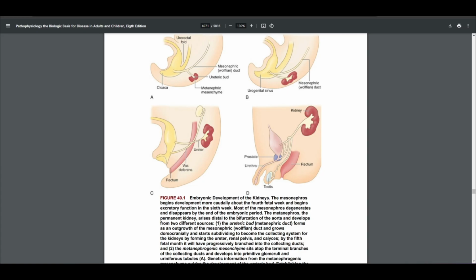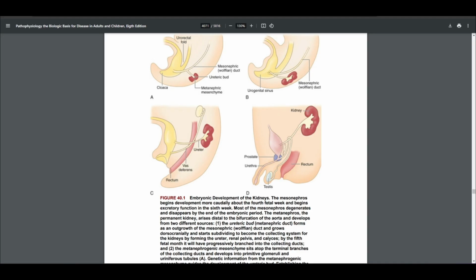The ureteric bud, the metanephric duct, forms as an outgrowth of the mesonephric Wolffian duct and grows dorsocranially and starts subdividing to become the collecting system for the kidneys by forming the ureter, renal pelvis, and calyces.